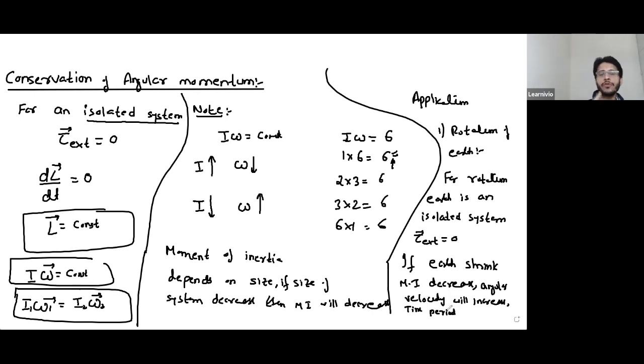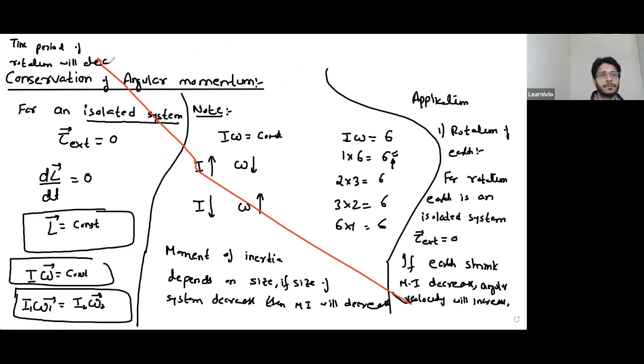So instead of 24 hours, it may be possible it covers rotation in 12 hours. Time period of rotation will decrease. So this will happen if Earth shrinks.